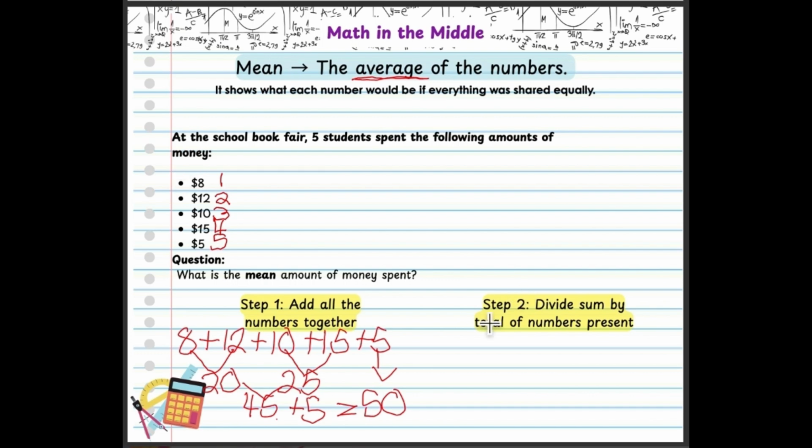So that means we have to take our 50 and divide it by 5, which if you plug that in your handy-dandy calculator or you're really good at mental math, that should give you an answer of 10. All right, so the mean amount, so the average amount that students spent at the book fair is $10. Let's move on to the next one.